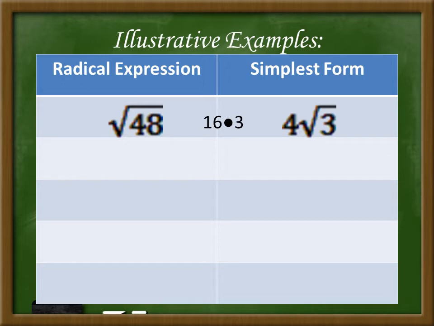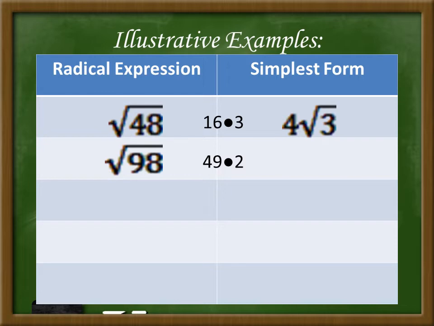Next, square root of 98. So what are the factors with largest perfect square factor? So it's 49 times 2. Get the square root of 49. What's the square root of 49? Yes, it's 7.